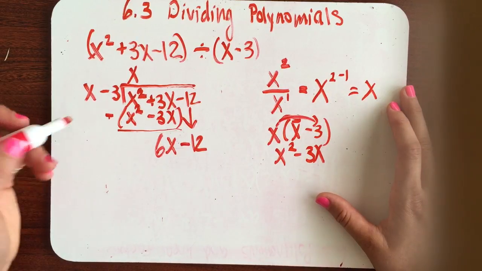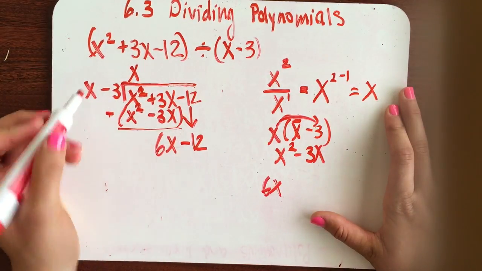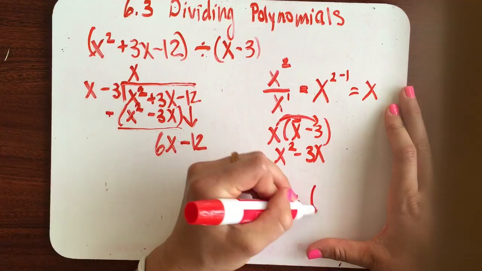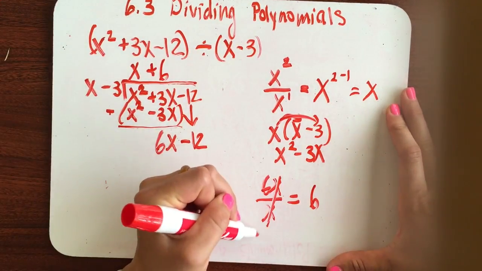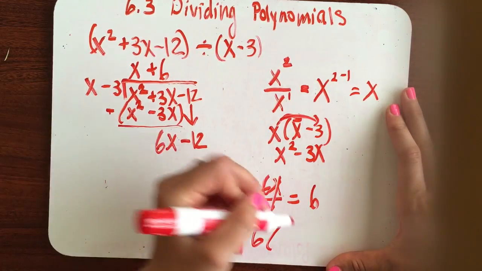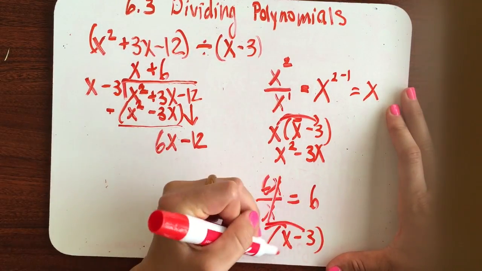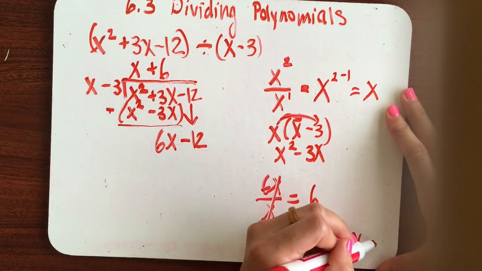The next thing is to divide 6x, the first term, by the first term. 6x divided by x: the x's cancel out, and you get 6. Next step is to multiply. 6 times x minus 3, we distribute, and we get 6x minus 18.